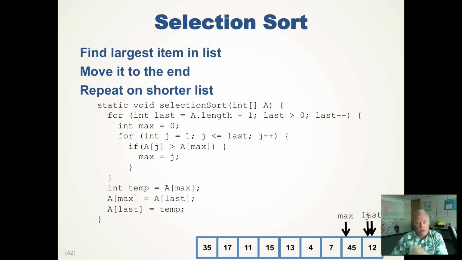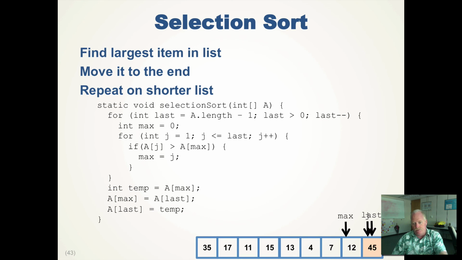No. So the max is still 45. Last is there. So we're done with our loop. So now we want to do the swap. And now that last one is the largest value in the array, so that part is sorted. So now we go back up to the for loop, the outer for loop.